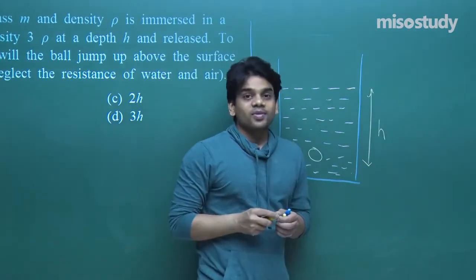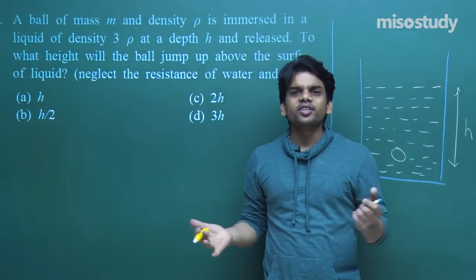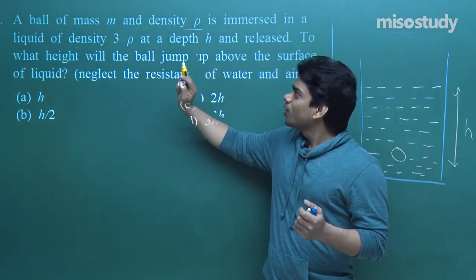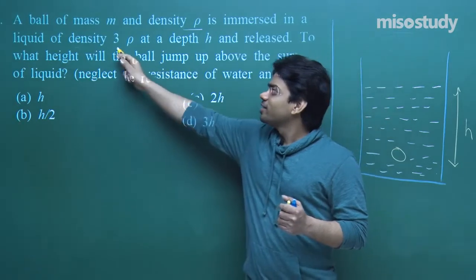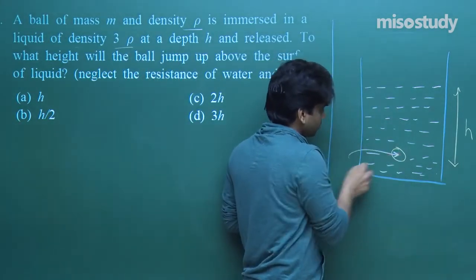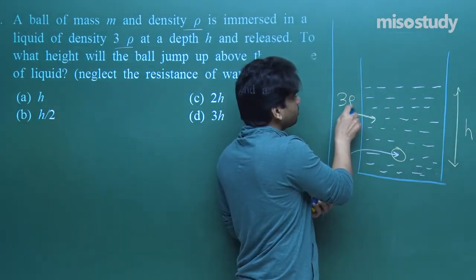Next thing, the densities of the two are different. The ball of mass m and density rho is immersed in a liquid of density 3 rho. Ball density is given as rho, and the liquid density is given as 3 rho.